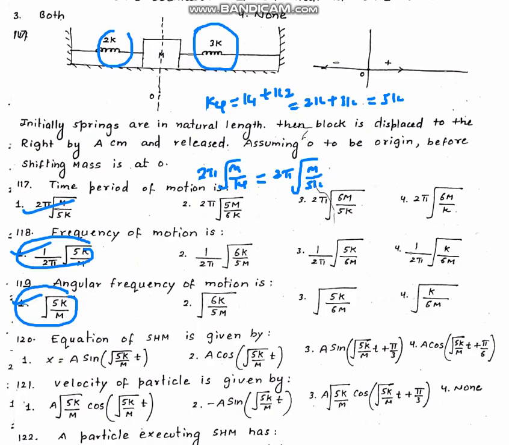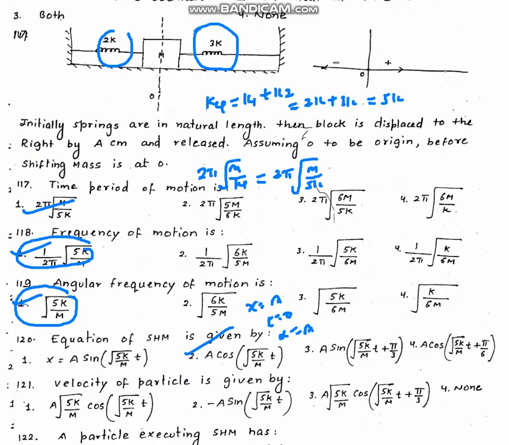Next is equation of SHM. Here the particle is initially at x is equal to A, so at t is equal to 0, x should be equal to A, which is only possible in option 2, so second is correct.